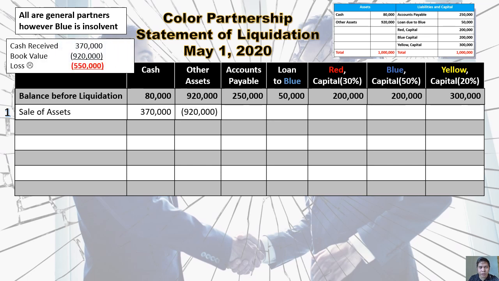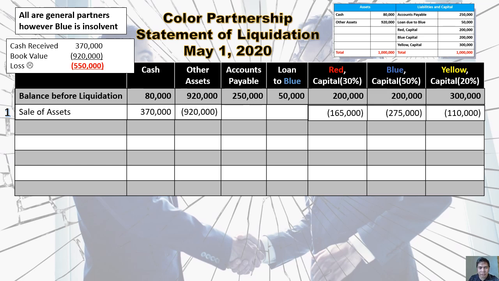So basically we have a loss on realization amounting to 550,000 pesos, which has to be distributed to partners based on their profit and loss agreement: 30% kay Red, 50% kay Blue, 20% kay Yellow. So 165 po ang i-distribute natin kay Red capital kasi 550 times 30%. Then kay Blue naman 275 kasi 550 times 50%. Then kay Yellow 110 times 20%.